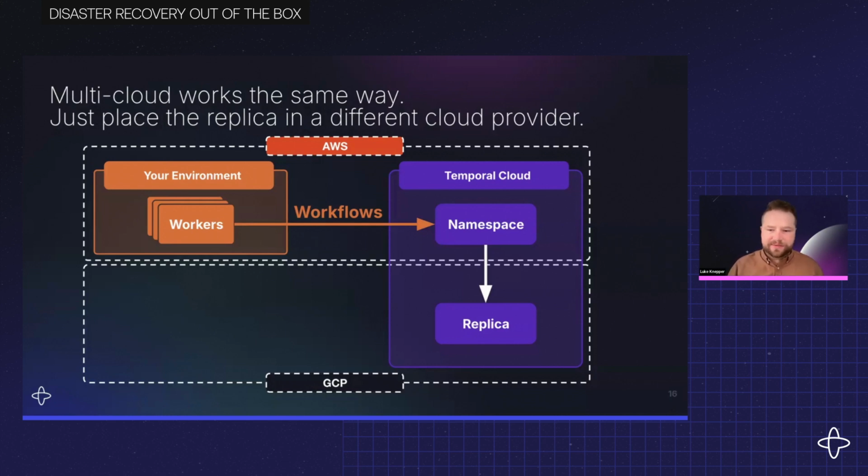You just pick a different cloud provider to put that replica in. So all of the patterns and features we're talking about today work for multi-region on one cloud, or they work for multi-cloud. And on Temporal Cloud currently we have AWS and GCP as of April 2026.